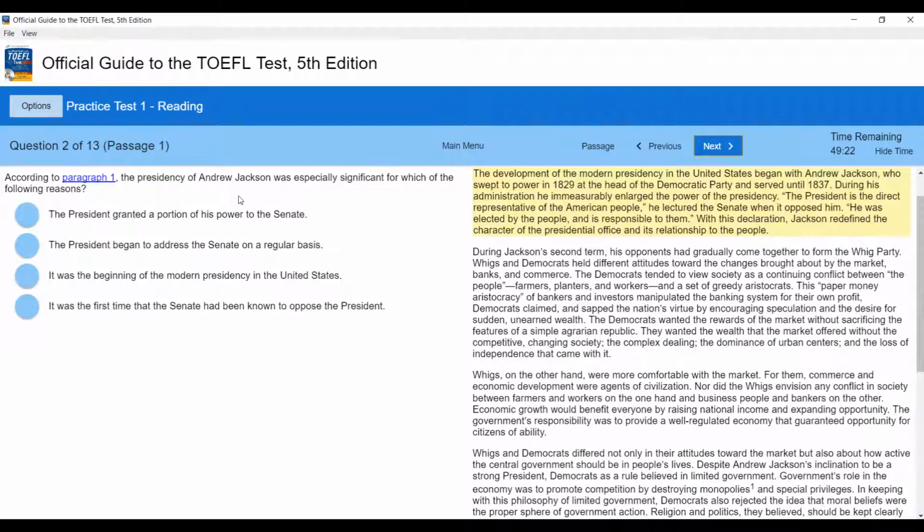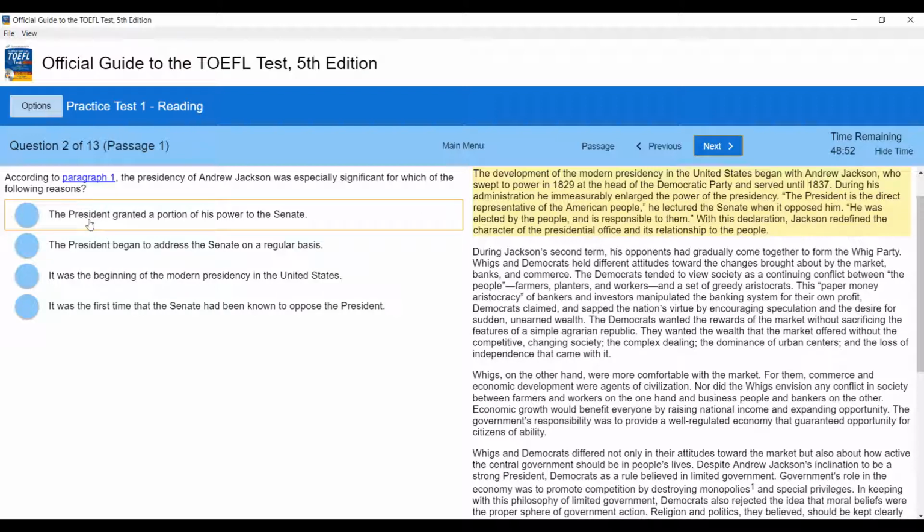So this is not an exception question. This is a detail question. Only one of these choices is going to be correct. With this question and looking at the significance, I would go ahead and look at these answer choices because I'm looking for one that would be appropriate in this paragraph.